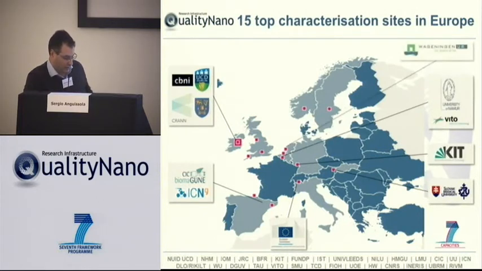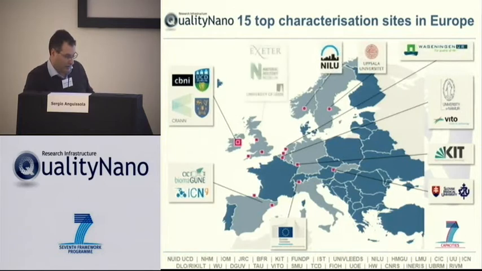We have 2 different sites in Belgium, 1 in the Netherlands, Finland, Norway, and Sweden, and then we have a few sites in England as well. So access can be granted specifically to these 15 partners.